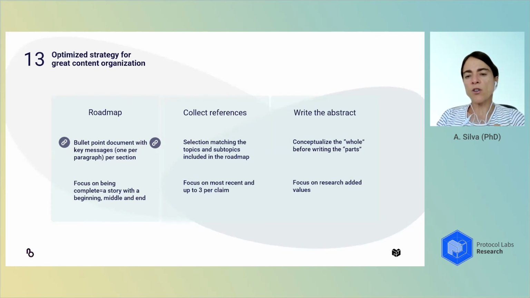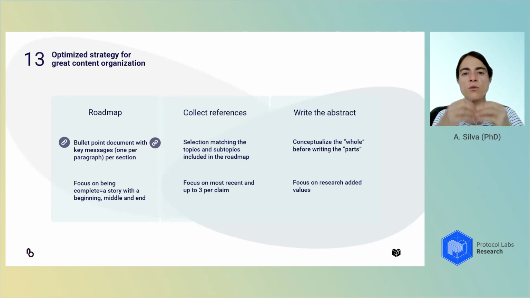And I would encourage you also, first of all, to write the abstract, because after you have this roadmap, the first thing you should be doing is write the abstract, because it's very important to visualize the whole before you write the parts. So you make sure there's a logical connection and incremental logical flow between the different sections, and you guide the reader by the hand, because you know how they're linked, and you create a sequence that establishes those connections.